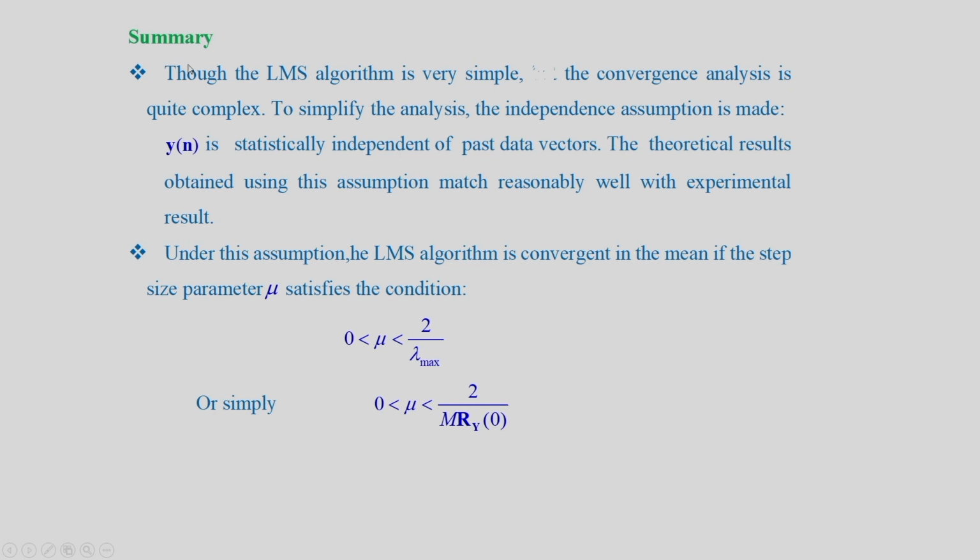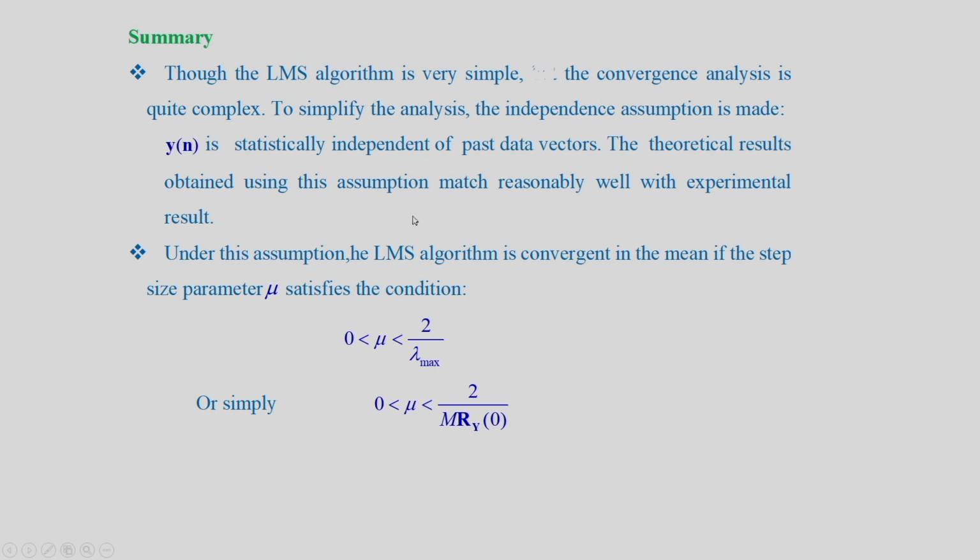Let us summarize the lecture. Though the LMS algorithm is very simple, the convergence analysis is quite complex. To simplify the analysis, the independence assumption is made, that is, y(n) is statistically independent of past data vectors.